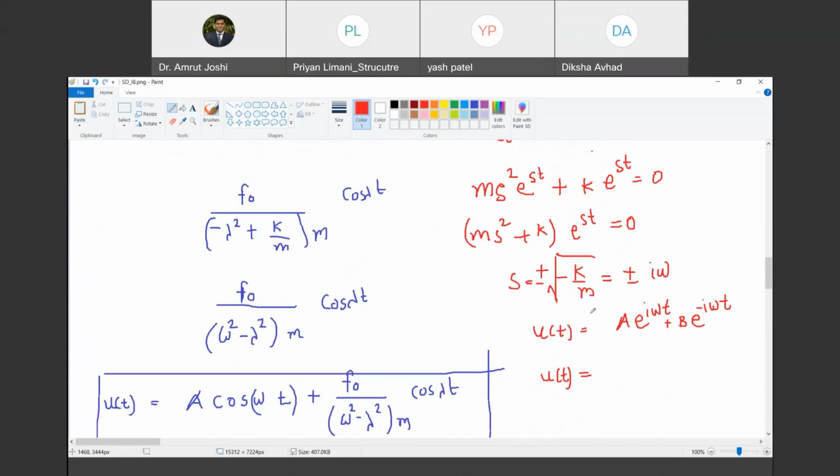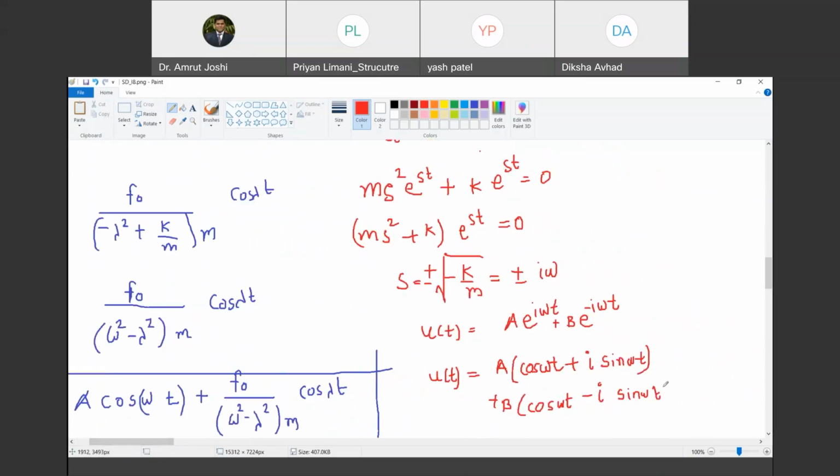So therefore it is going to be a into bracket cos omega t plus i sin omega t. Agreed? We have done all this before. I'm just repeating. Plus b into, what is e raised to minus i theta? It is cos omega t minus i sin omega t. So I will write it as cos omega t minus i sin omega t.